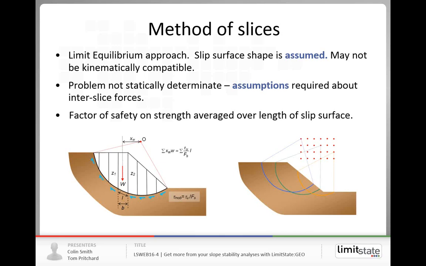So that adds a few assumptions to the analysis, but generally it's found to give good answers across a wide range of problems. And again, when you carry out this type of analysis, the factor of safety that you'll get out can be defined in terms of a factor on soil strength. So this is probably the most popular general purpose slope stability analysis method. It was developed primarily to facilitate hand analysis, but of course it's much easier when it's been automated. And this is one type of geotechnical software that you will find.